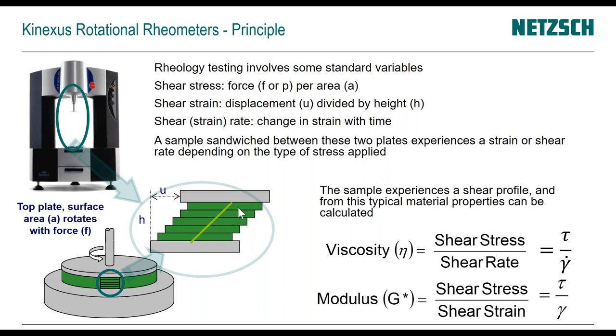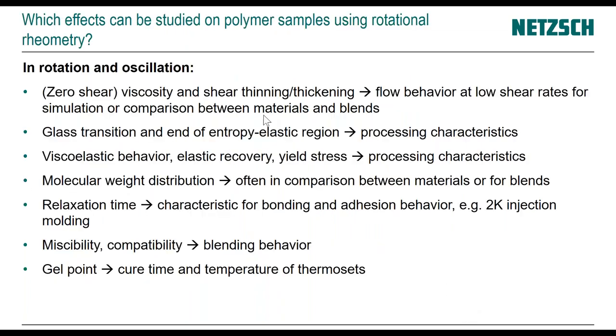And then if we do that in rotation, we can obtain the viscosity values, so how well the material flows by the ratio of shear stress over shear rate. And if we do that in oscillation, we test more the viscoelastic properties, and we get the shear modulus, as a function of shear stress over shear strain. So that's just really the basics.